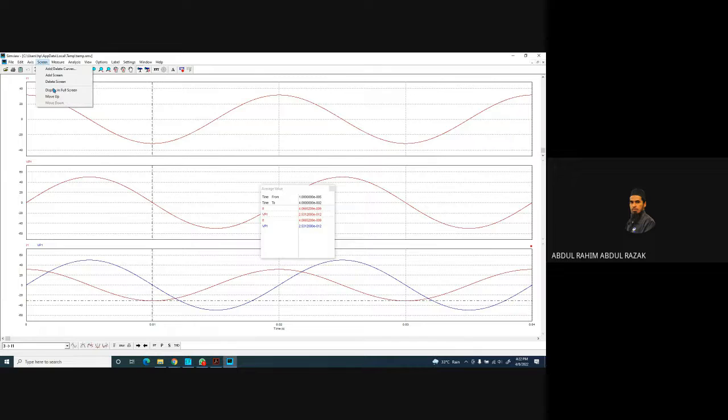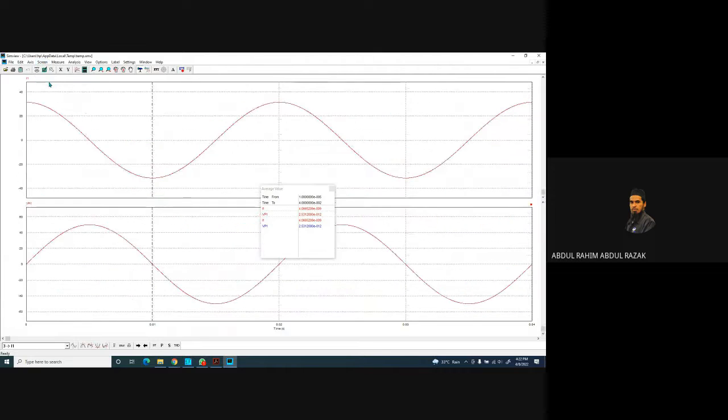Okay, what can you comment on this result, comparing voltage and your current? For the voltage, it starts from 0 until the maximum, 45.